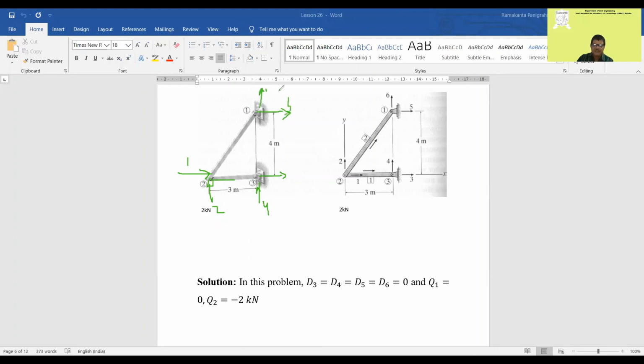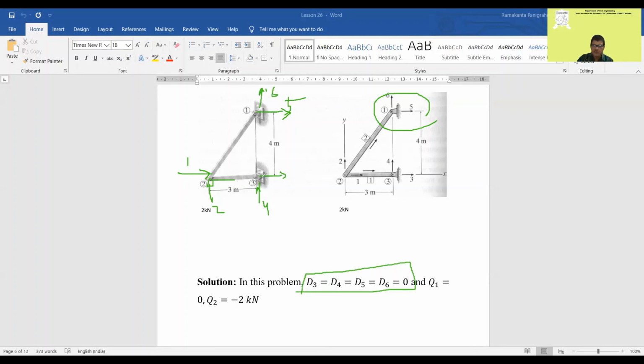I see the displacement at 5, at 6, at 3, at 4. All are 0 because all are hinged.